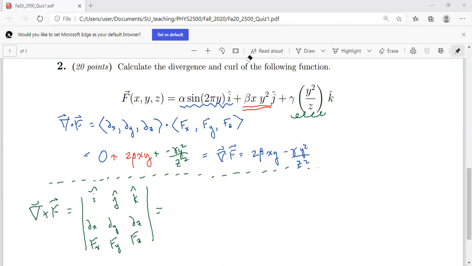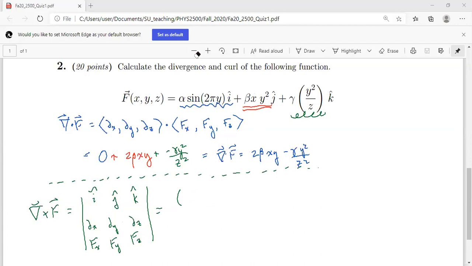let me just give myself a lot of room for this. Partial y of the z component, so that's 2xy beta. I thought I was going to forget the beta. 2xy beta, that's partial y with wait, no, it's not.